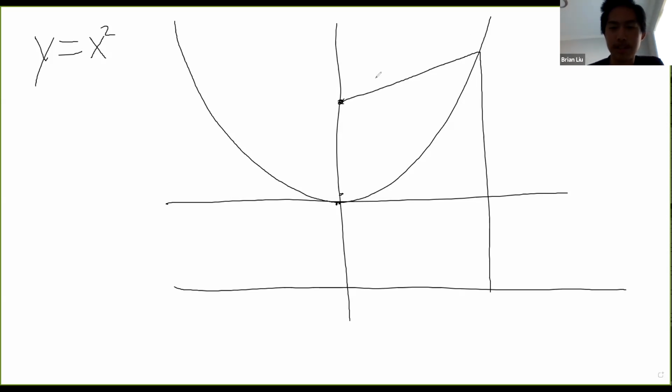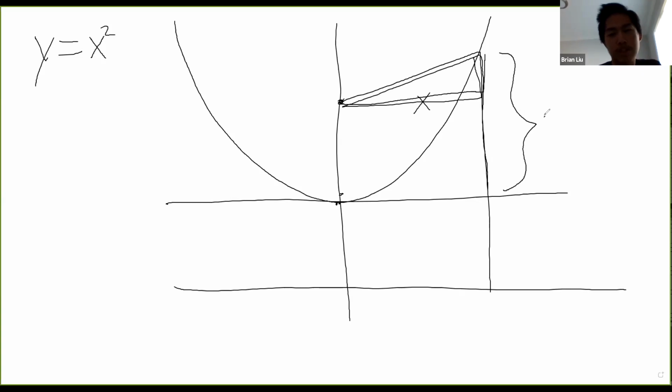So what is this distance right here? If we draw this right triangle, we can find it. So this distance right here is x. This whole distance is y, which is x squared. And then say the distance from this point to the focus is a. It turns out that the distance from this point of symmetry to the directrix is also a.